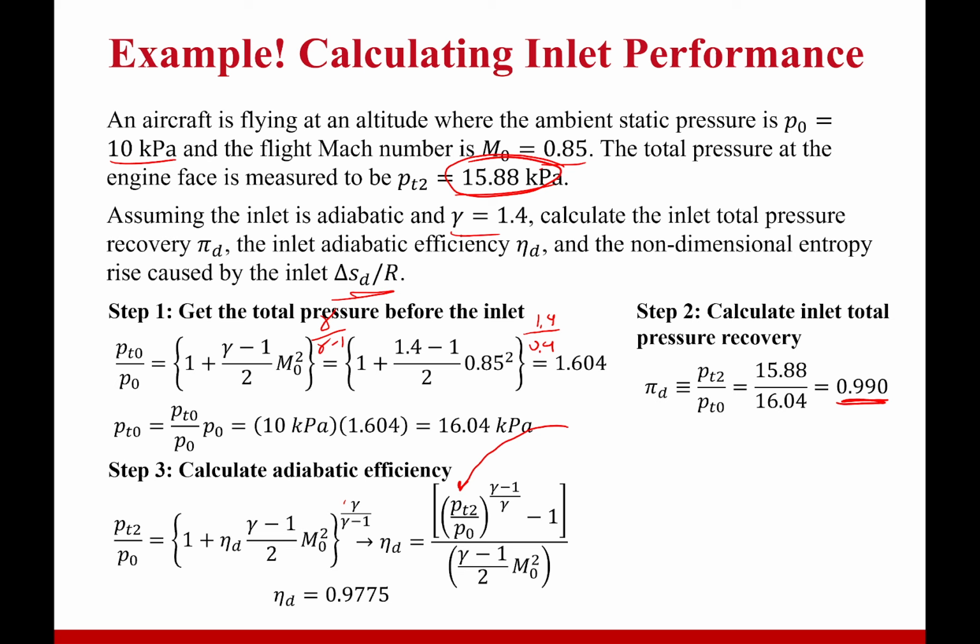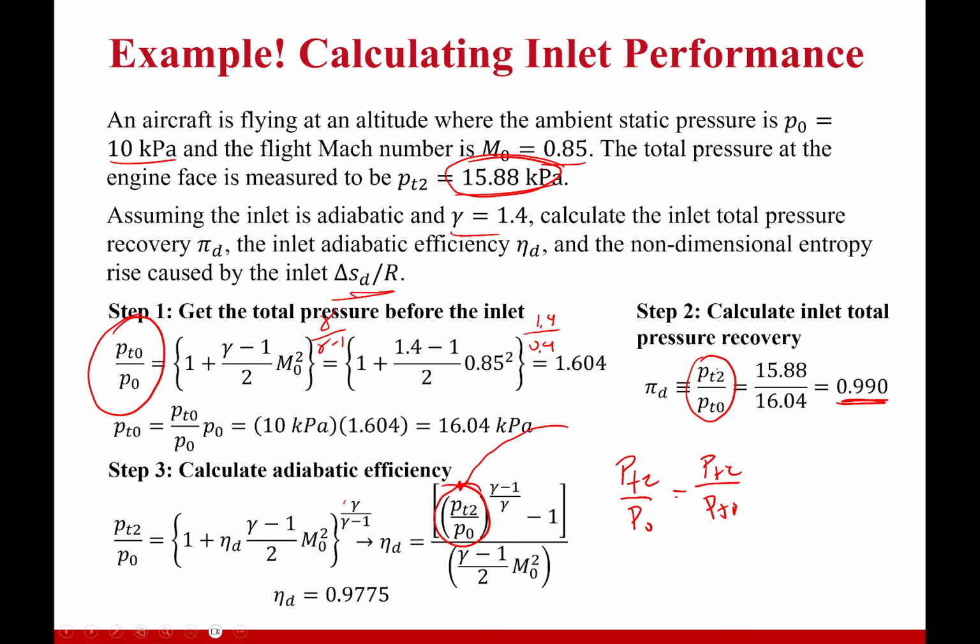Okay, this ratio, I want to show you how we get that. PT2 over P naught is the same thing as taking PT2 over PT naught, and multiplying it by PT naught over P naught.